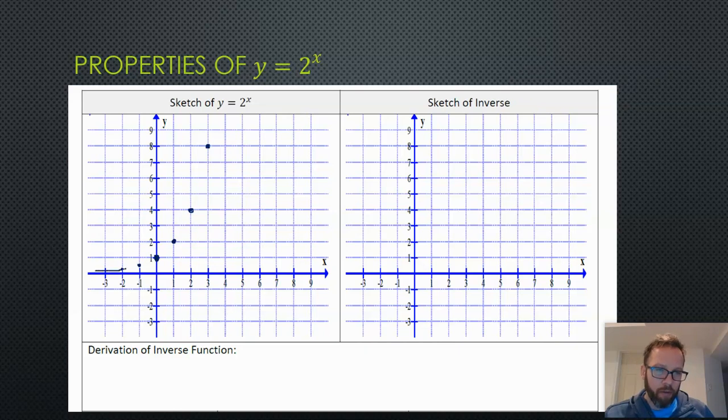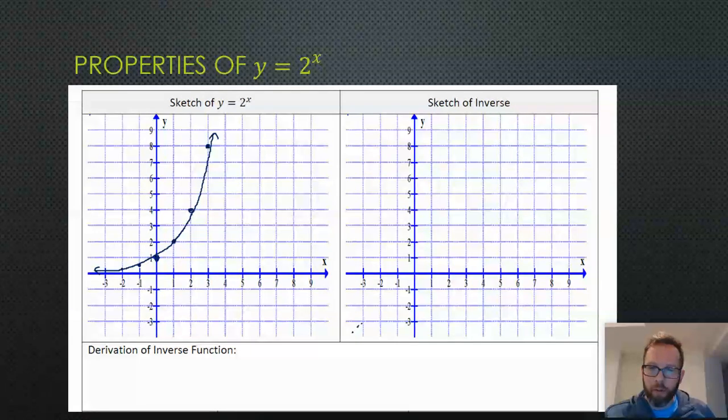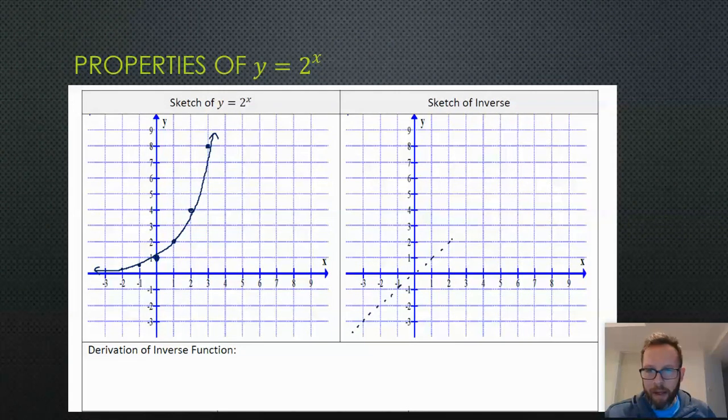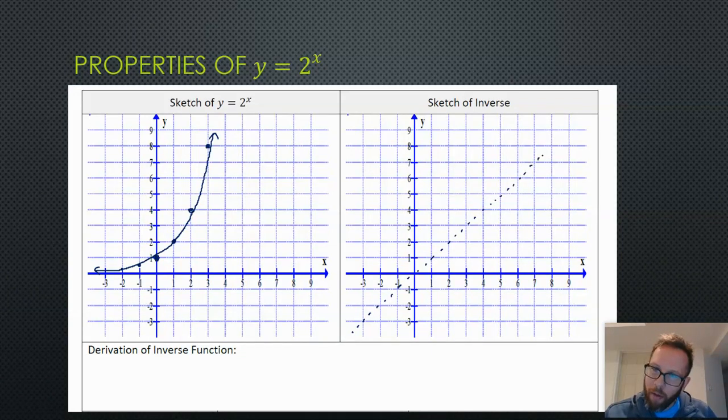It's a bit too impractical to sketch, but there's a sketch of 2 to the power of x and a sketch of the inverse. If we make a dashed line, that represents y equals x. We take those points and just flip their values.